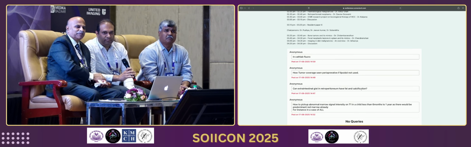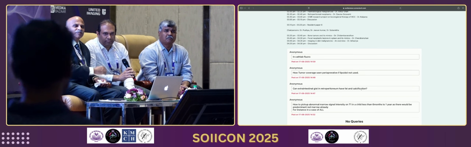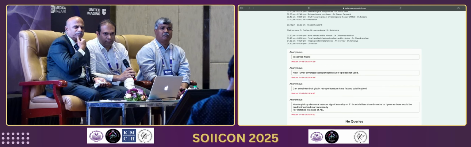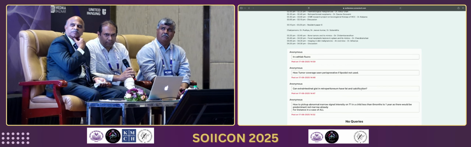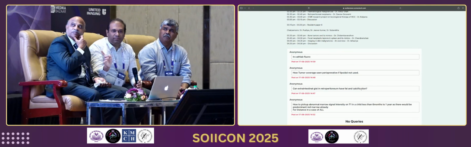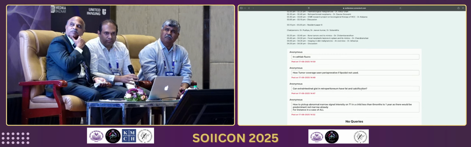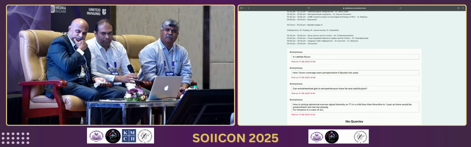See, if the child is having red marrow, it will often be challenging. The question is very appropriate. T1 is the best one. Because it is red marrow, it has not yet come to the yellow marrow.